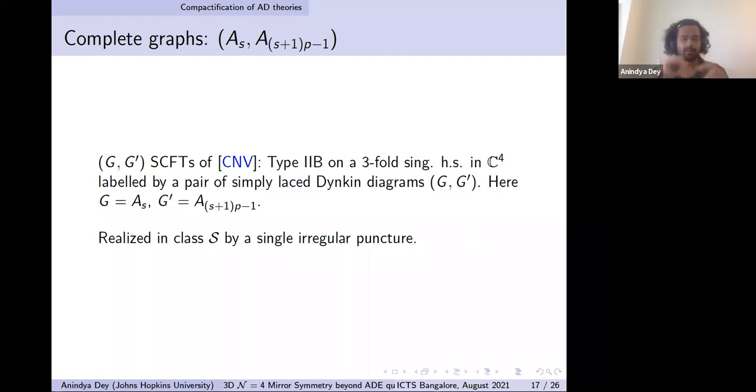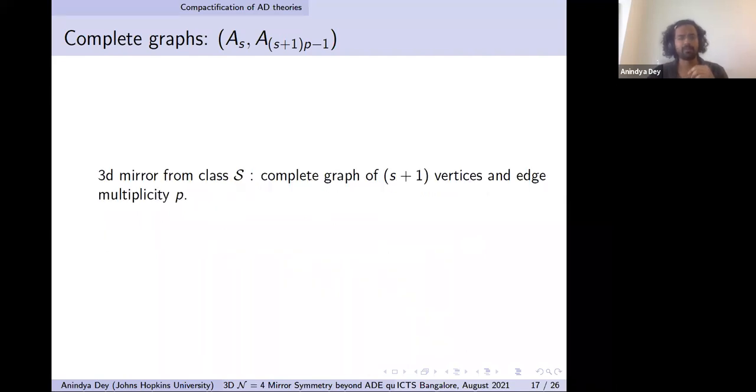In class S, this is realized by a single irregular puncture. Now, the 3D mirror from class S is a complete graph. This is a result that I'm stating, not something that I'm trying to prove. The 3D mirror is a complete graph of S plus 1 vertices and edge multiplicity P.